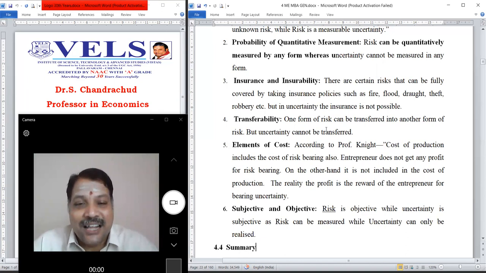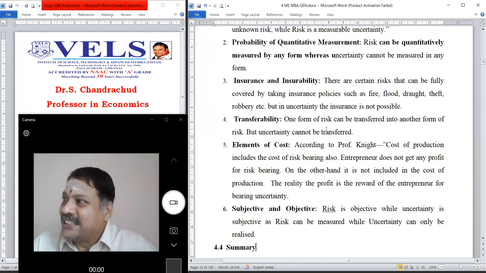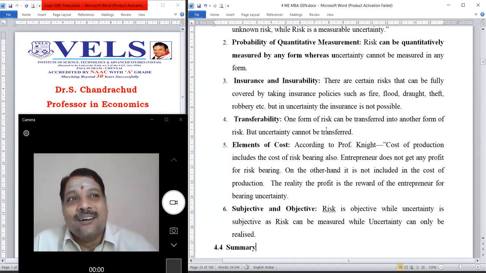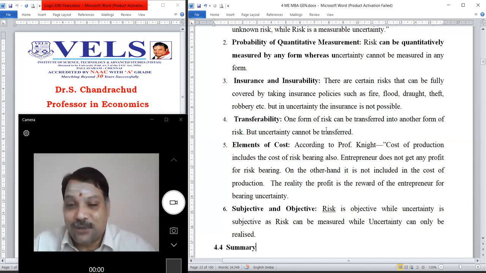Then in reality, profit is rewarded to the entrepreneur for bearing the uncertainty only. For risk, it is known what the possible loss or possible profit is, but for uncertainty, it is not so. Being a good manager, we have to include uncertainty as one of the factors of production. It should be included in the cost of production.